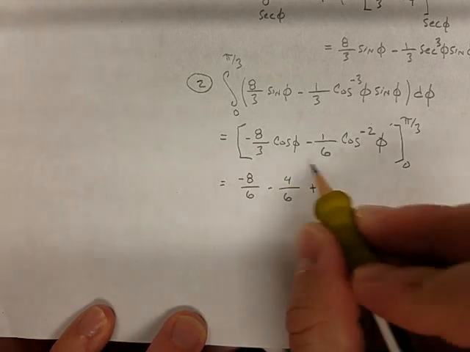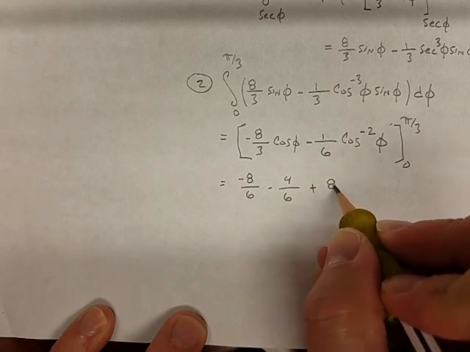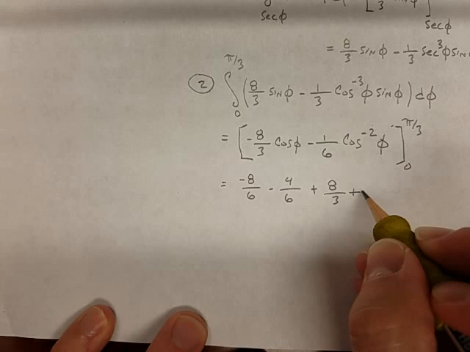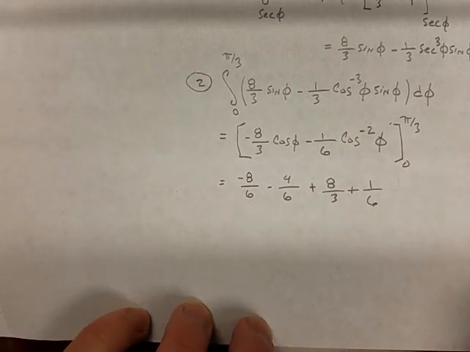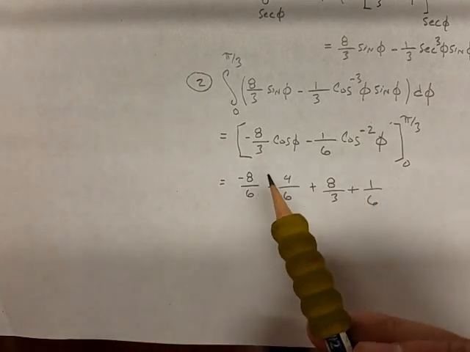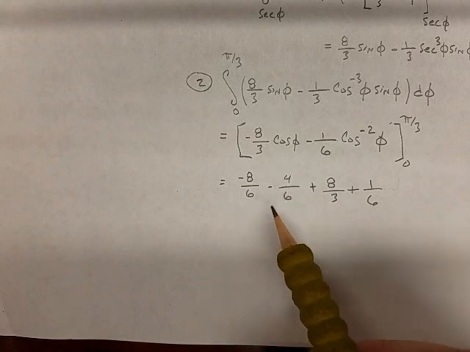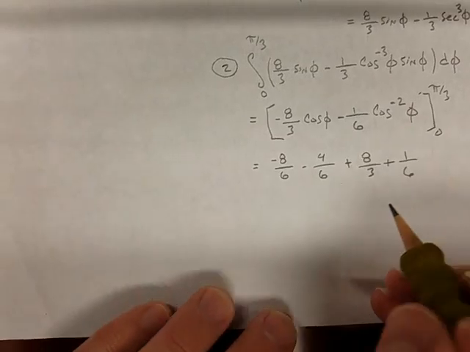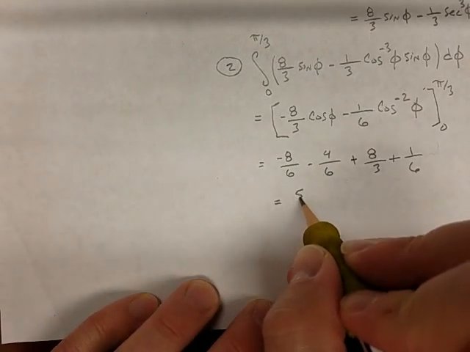Cosine of 0 is 1, I'll get 8/3. And same thing here, I'll get 1/6. Grand total, that's negative 12/6, that would be negative 11/6, and that's 16/6. So I get 5/6.